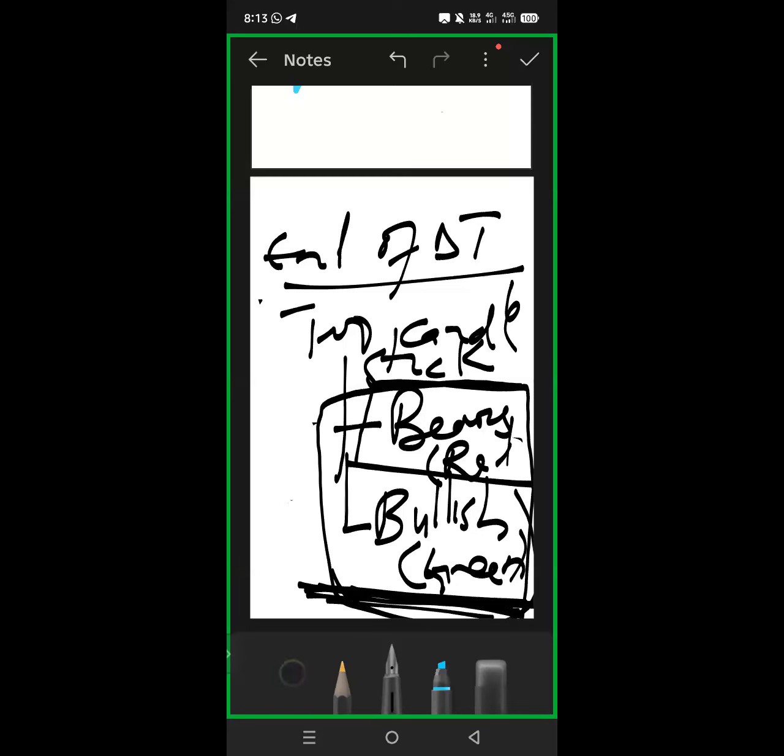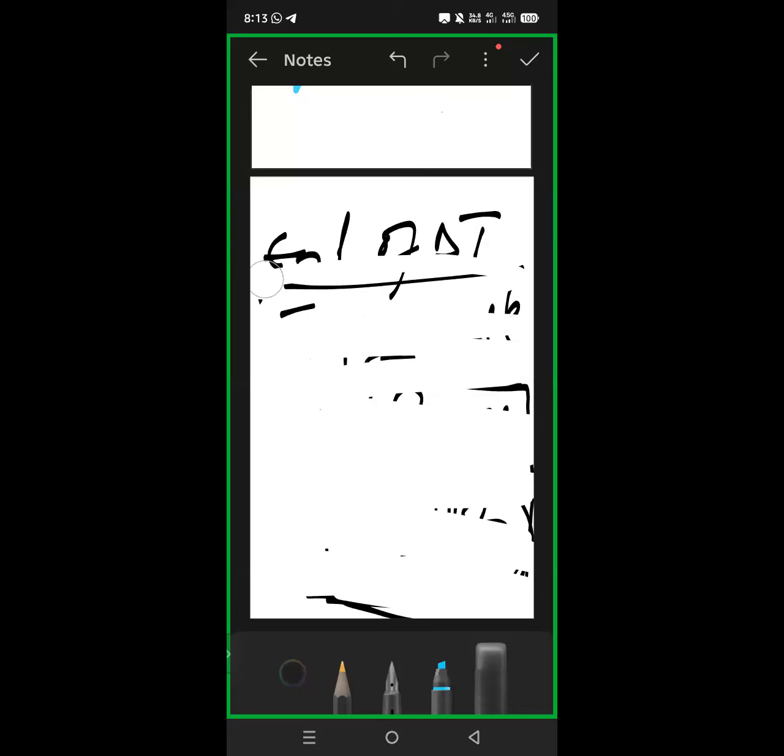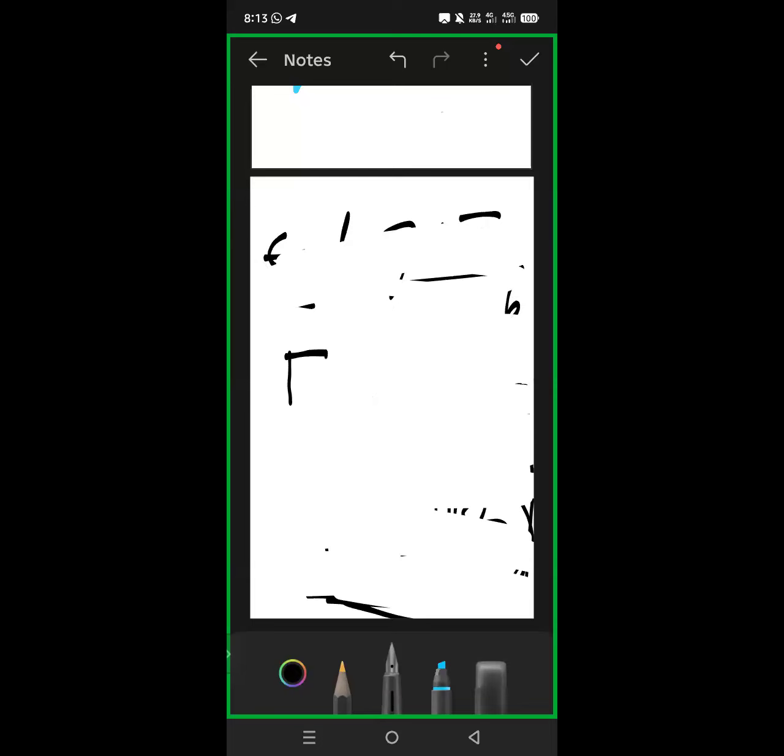Now, it can appear in different shapes, different forms. One, you may find it in this way. The first scenario may be you'll have a red candlestick there, and then you have another candlestick like that, this being the green one, and this being the red one. That is the first instance of how you can find it.